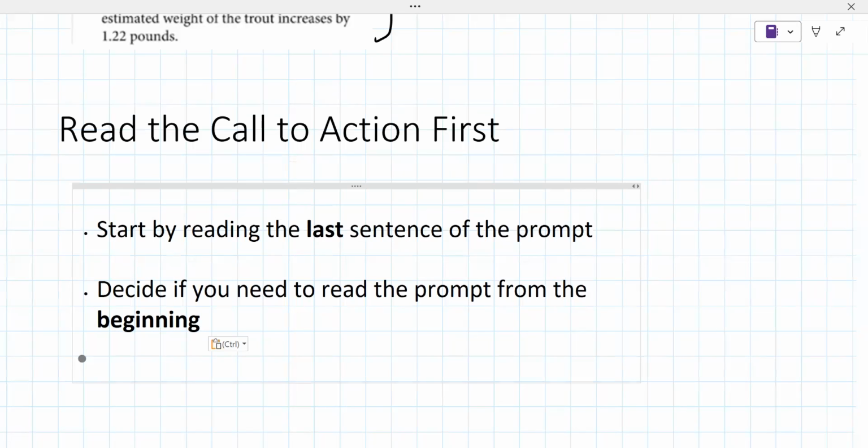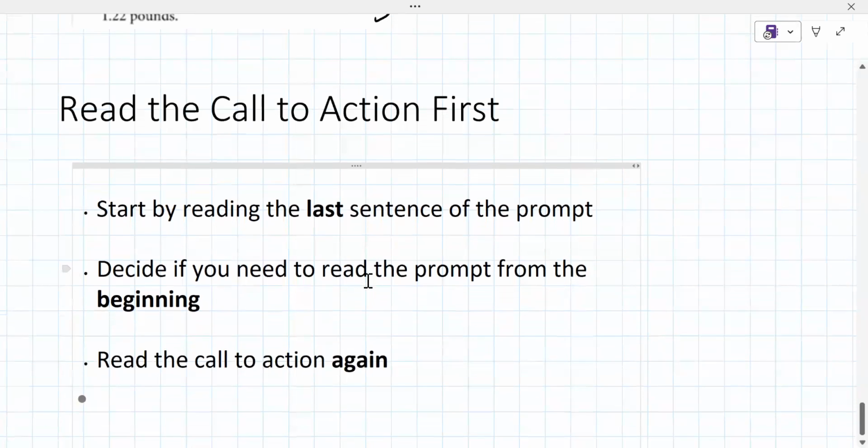You're always trying to save time. So anything you can do to save time is going to be a test taking strategy. Now, you often do have to go back, but here's what works. Here's how your brain works. When you have read the call to action first, then you go back and read the prompt. You already know what you're looking for. Your brain is trained to start looking for what you're trying to find.